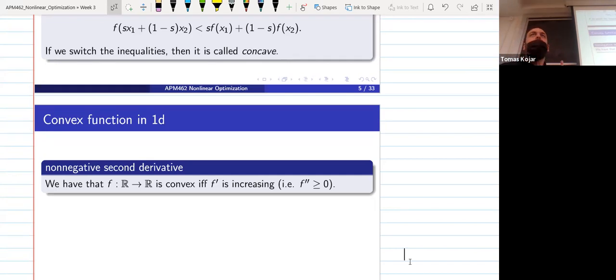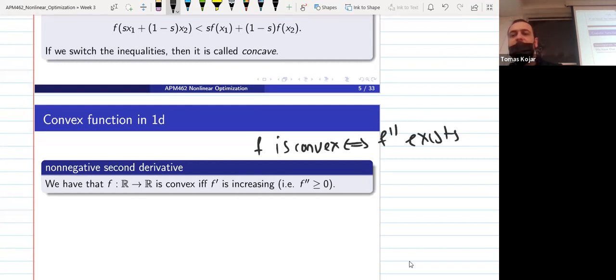So we're going to reprove this. F is convex if and only if the first derivative is increasing, which is the same as saying the second derivative is non-negative. A priori, you don't know the second derivative exists. You need analysis for that, and we don't have enough analysis techniques to prove this. So from now on, if F is convex, you can assume that F double prime exists and it's non-negative.